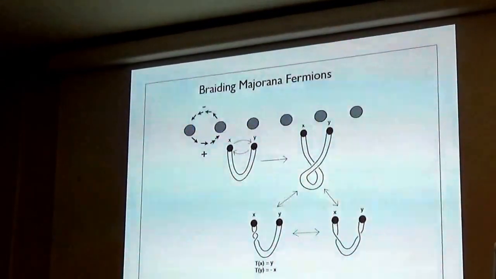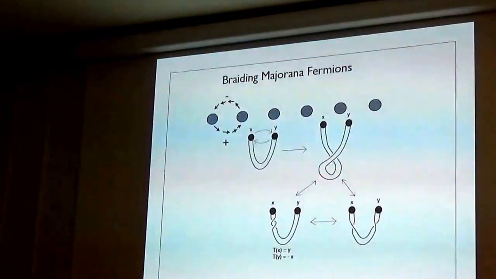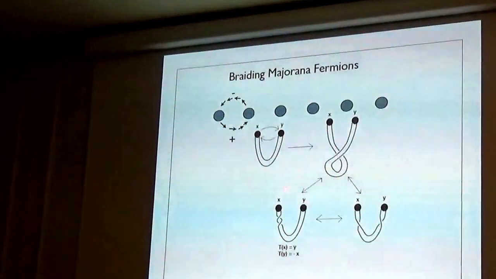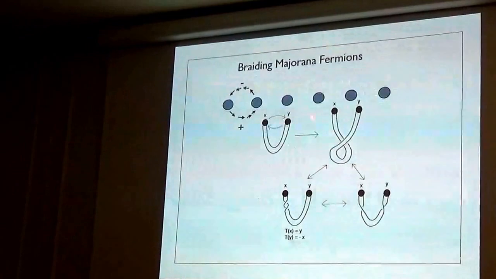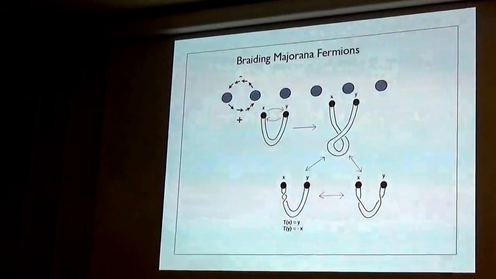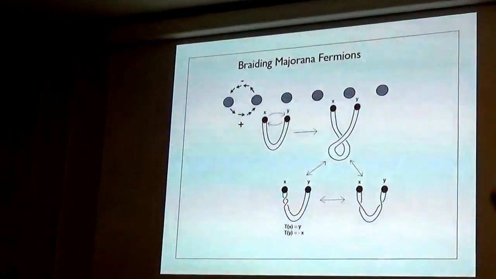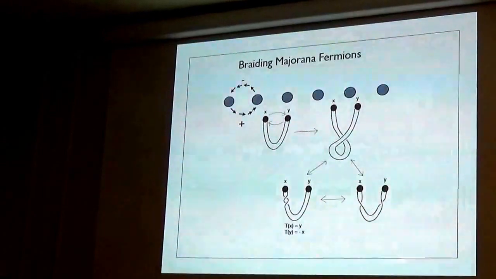I don't know whether the one I originally constructed is directly related to the physics or not, but it's surely part of the physics. So if you've got a row of Majorana fermions, then they braid according to this method. So a row of electrons has underneath it this braid group representation.